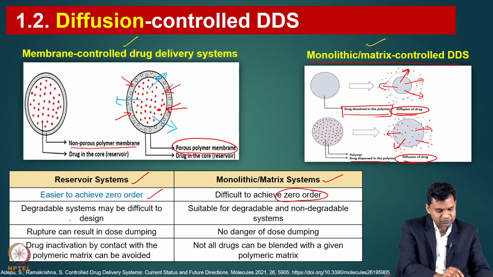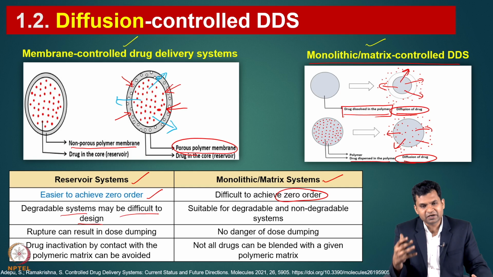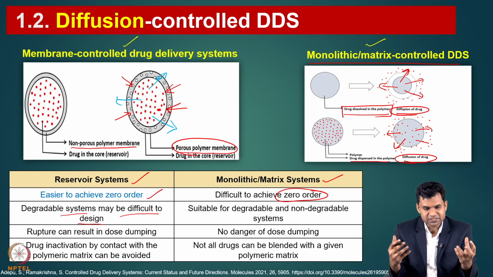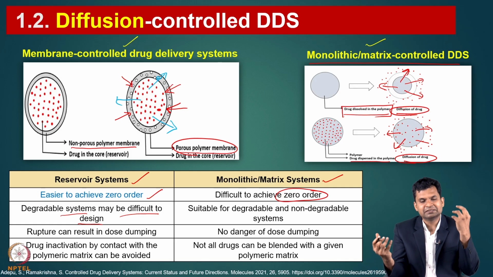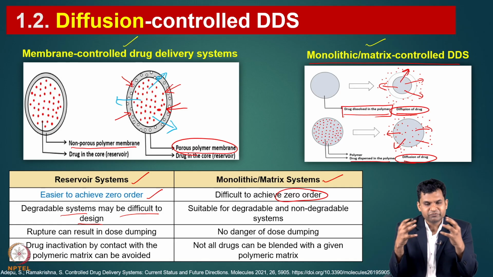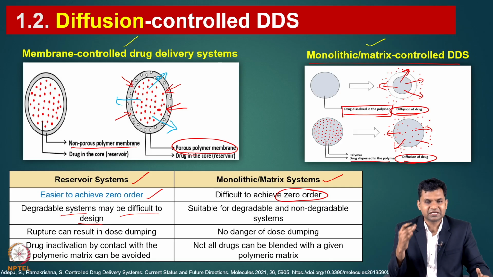These reservoir systems or degradable systems may be difficult to design, that is one of the major challenges, but by performing various optimization studies, playing with the process control parameters, utilizing various concentrations of your polymer and drug, and with different technologies or different steps involved during the preparation, we can achieve the reservoir system, right.